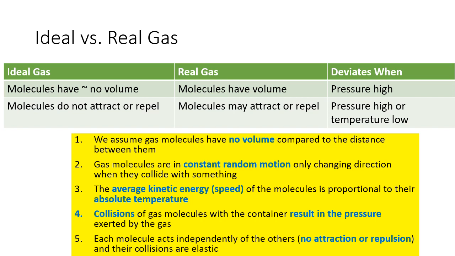If we keep volume constant and lower pressure, the gas molecules start interacting. Our ideal gas says that we do not attract or repel, but we know that real gases may attract or repel. So gas molecules can attract or repel when they're close enough together.